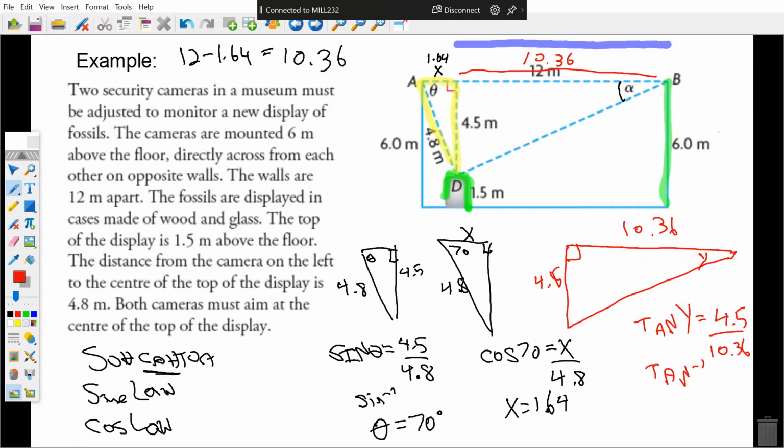We get 23.4 degrees, which we can round to 23 degrees. So our two angles that we need are 70 degrees and 23 degrees.